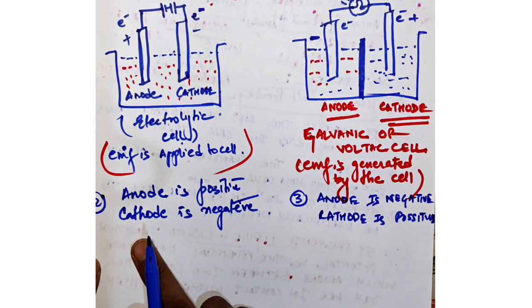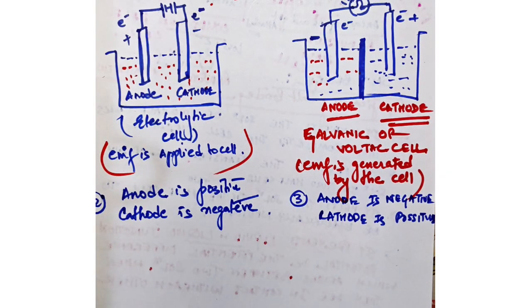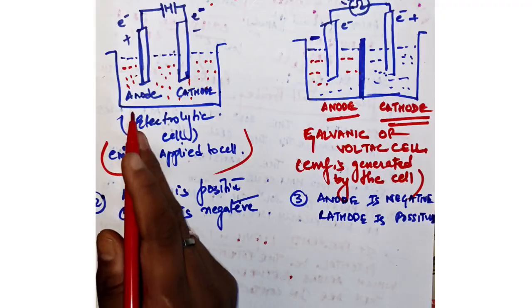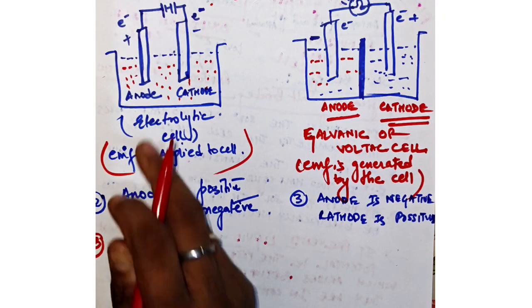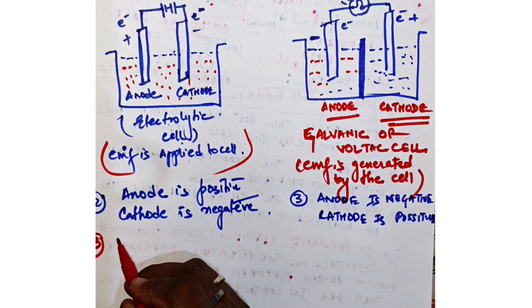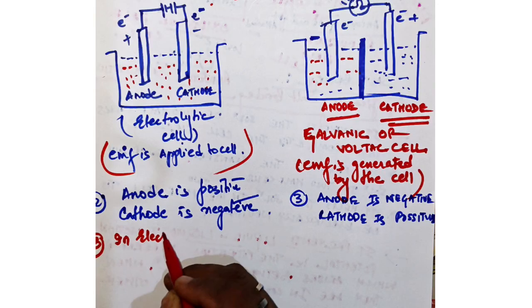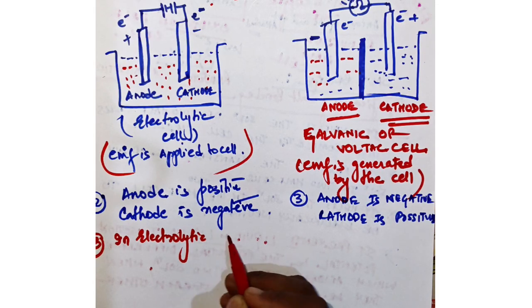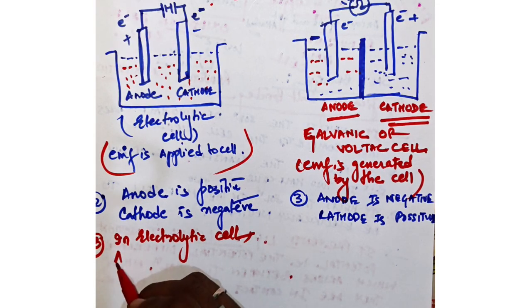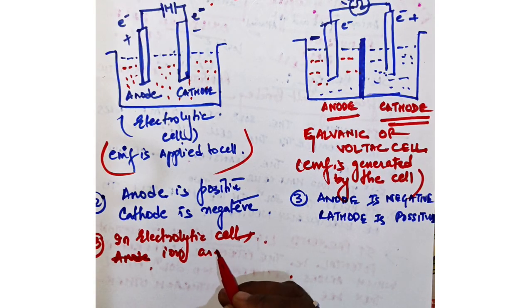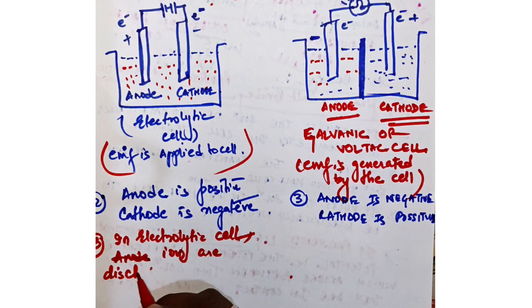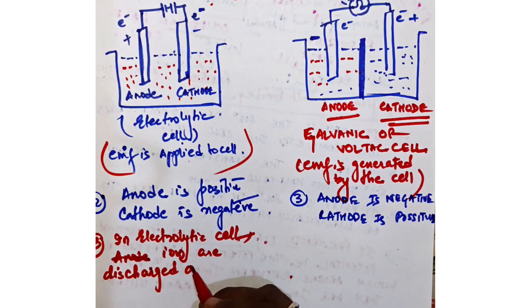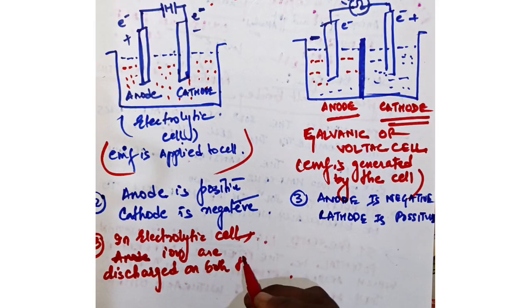Now in the electrolytic cell, ions are discharged on both the electrodes. Since electricity helps in breaking down the salt, in the electrolytic cell ions are discharged on both the electrodes.